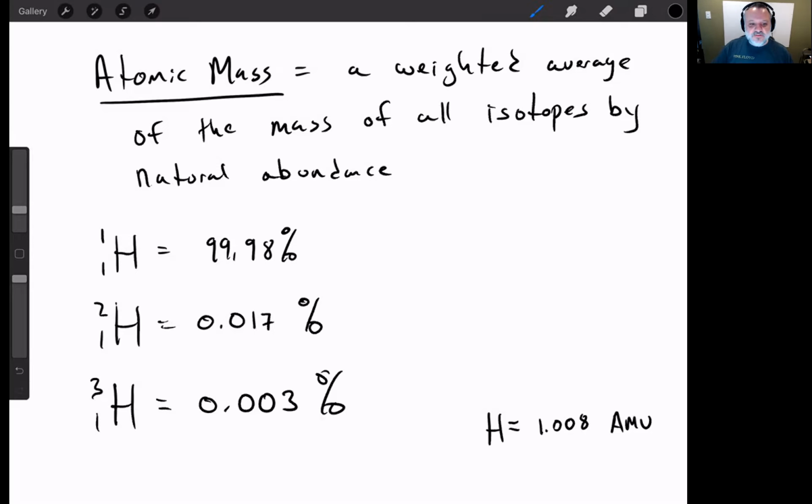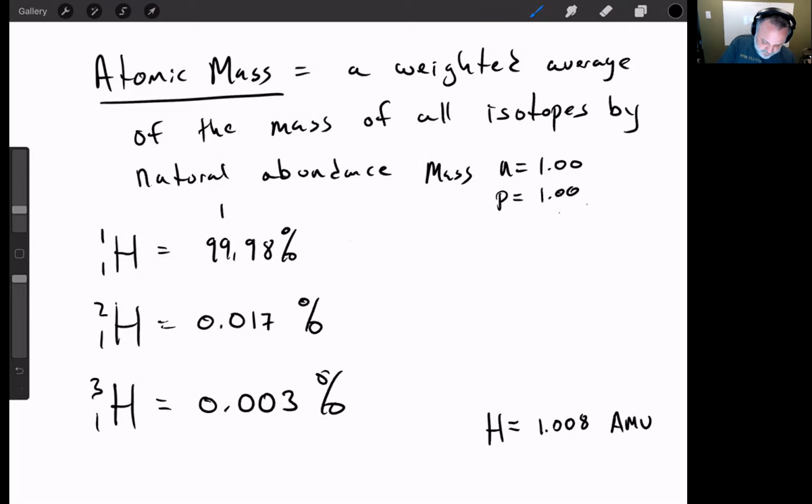All right, so how does this work? Well, remember that roughly, and this is very rough, the mass of a neutron equals 1 AMU. The mass of a proton equals 1 AMU. And at this level, we can ignore electrons. So what's the mass?